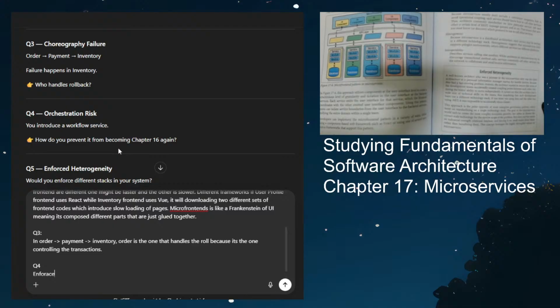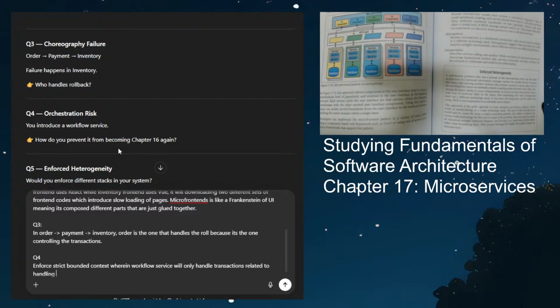Enforce strict bounded context. And the workflow service will only handle transactions related to handling the flow.